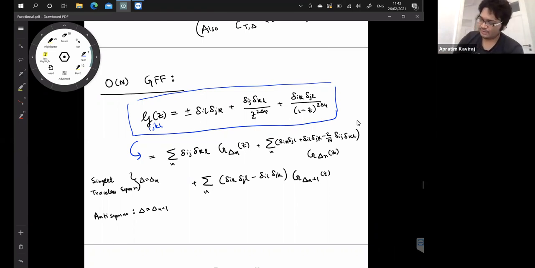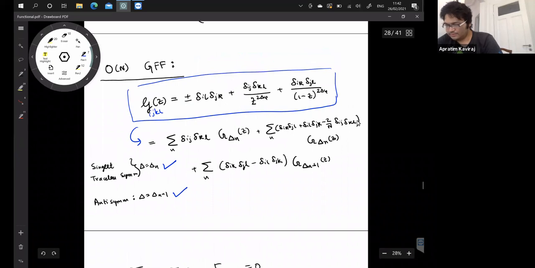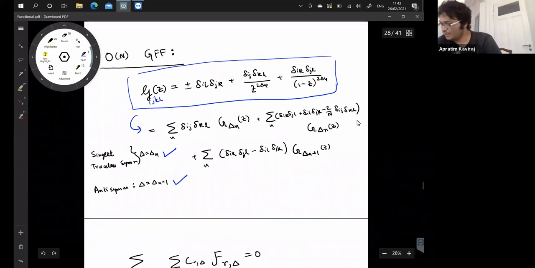The singlet and symmetric sectors have even double trace operators, and the antisymmetric sector has odd double trace operators. So this is ON GFF in short.